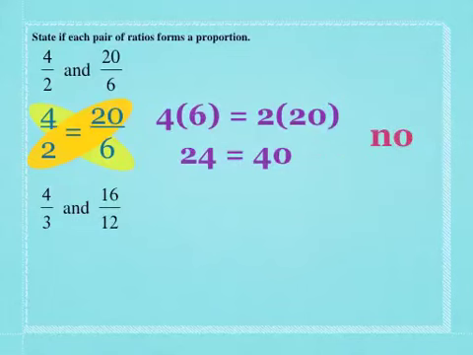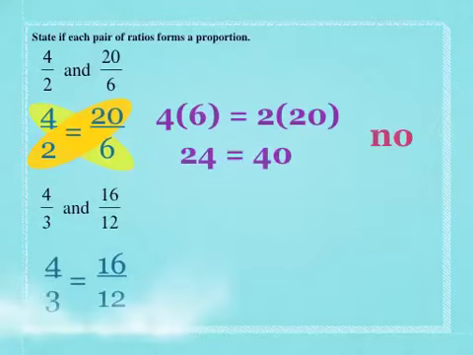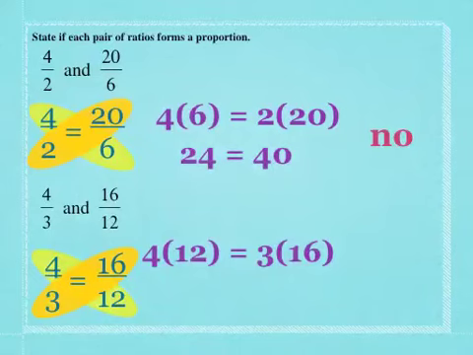In the next example, I'm given 4 over 3 and 16 over 12. There are other ways that we can figure out if these are proportional or not, but we're going to practice with cross multiplying. So I'm going to go ahead and set up a proportion: 4 over 3 equals 16 over 12, and I'm going to cross multiply. I would multiply the 4 times the 12 and set it equal to 3 times 16.